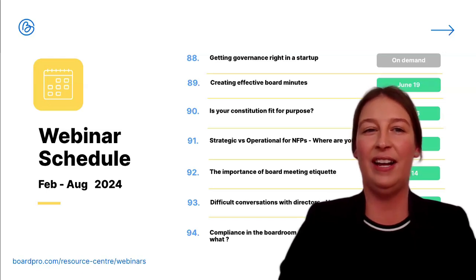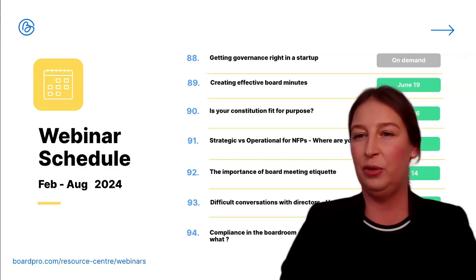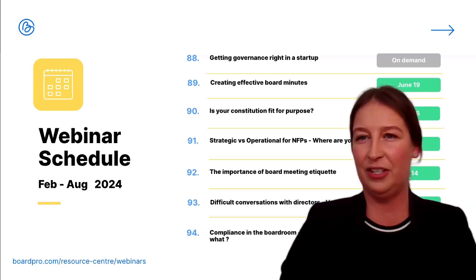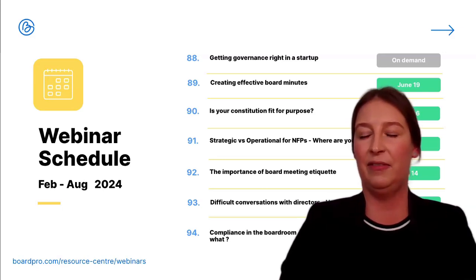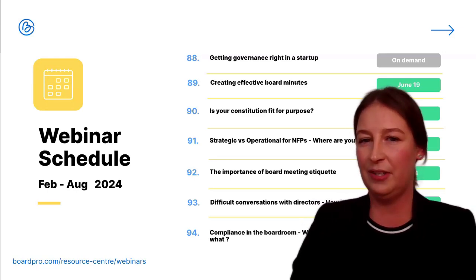And try to have a really strong communicative relationship with your chair and your board, and don't be shy, as Jen's pointed out, to actually dial into them, because minutes are subjective. They look different for different organizations, and you want to be giving them the best result. And you can only do that by communicating.